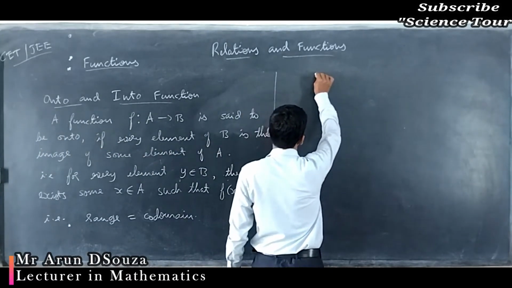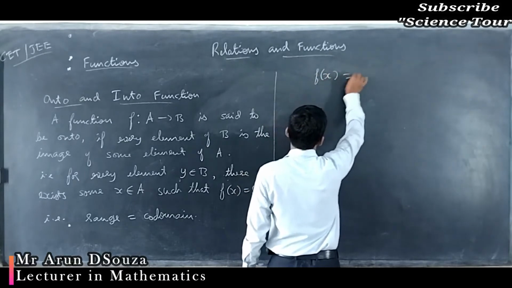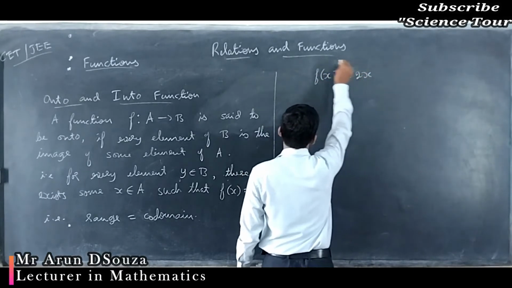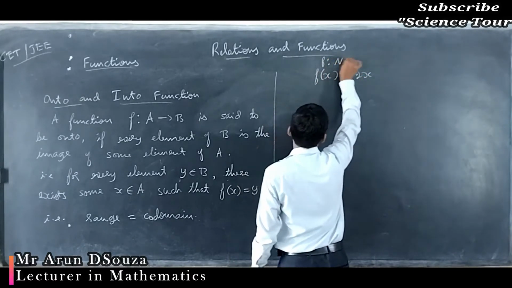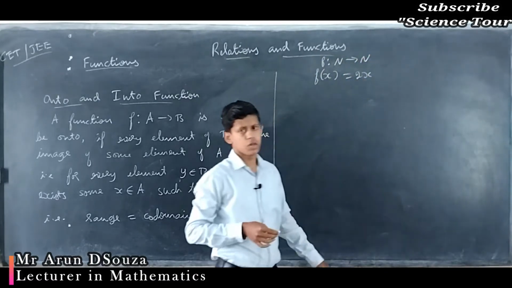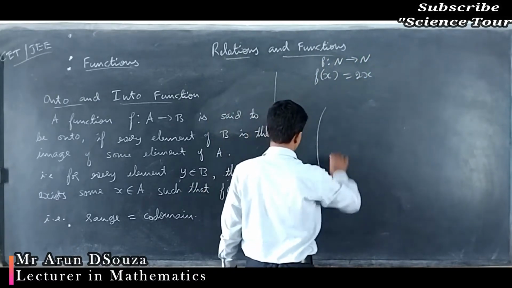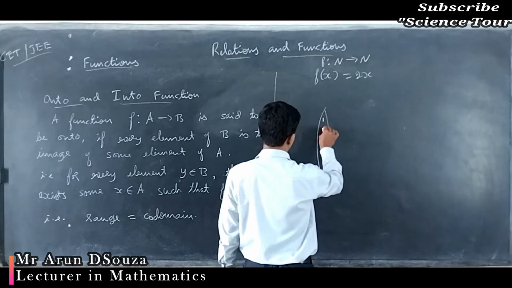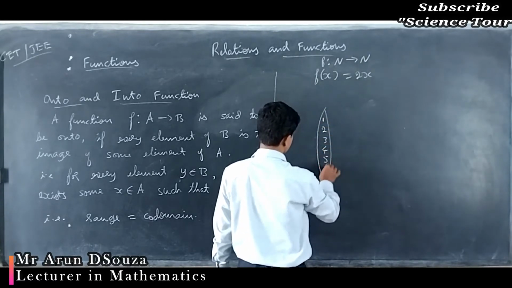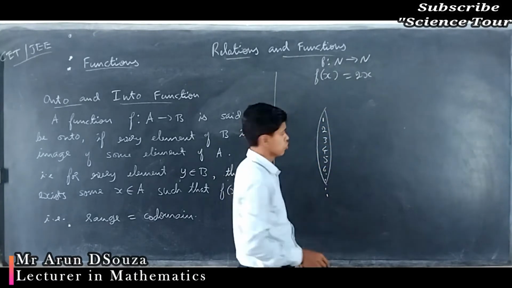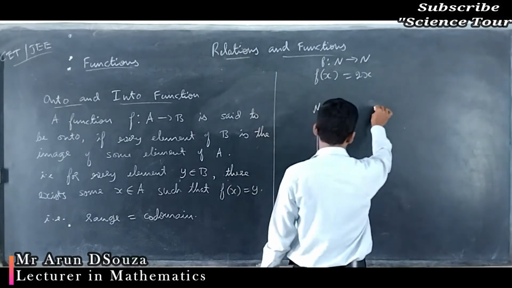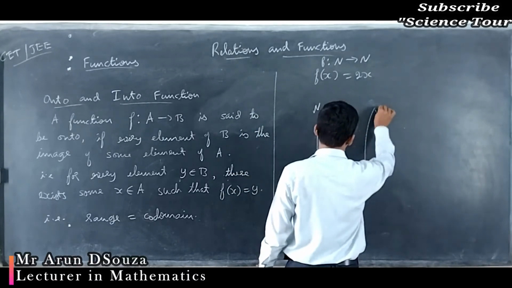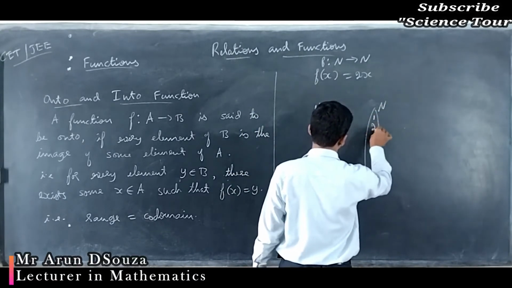Imagine you take f of x is equal to 2x, and the function is from N to N, natural numbers to natural numbers. Then what you have here is natural numbers, and you got natural numbers here too.